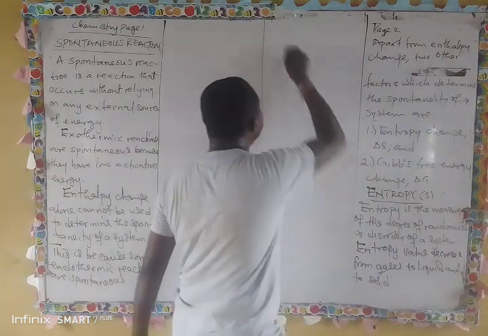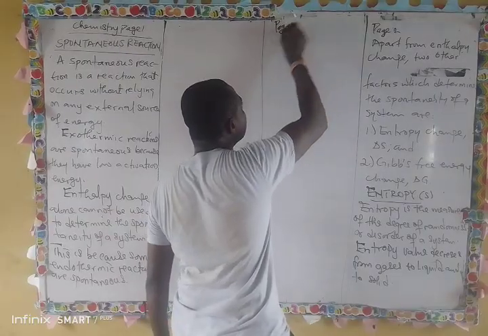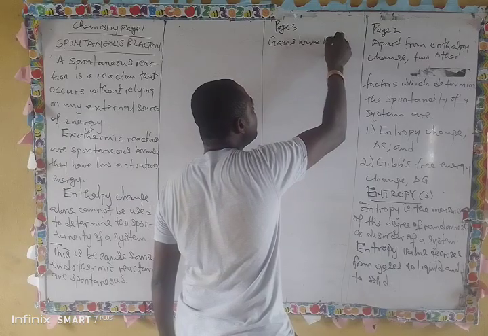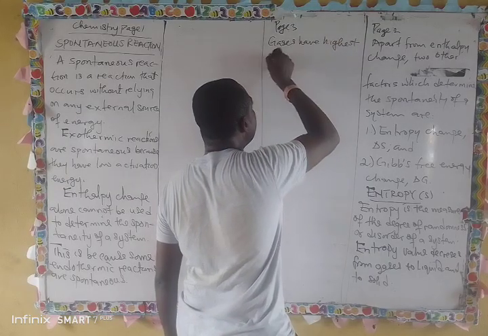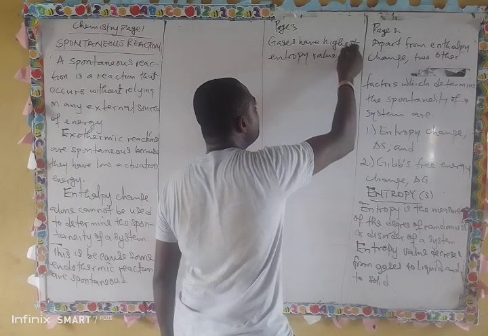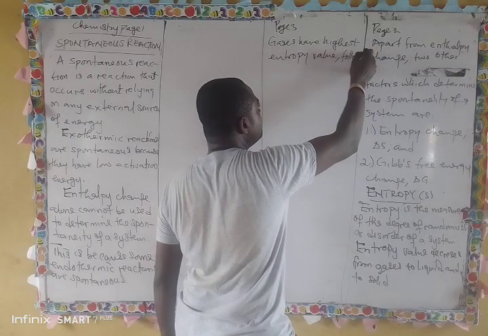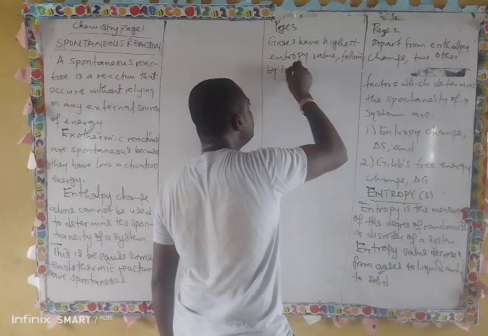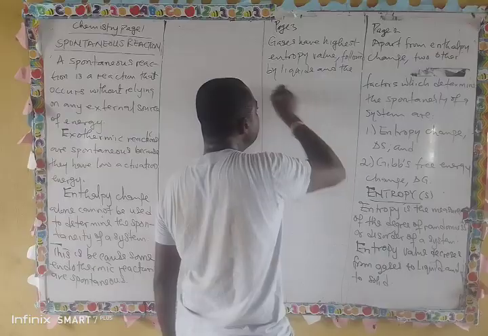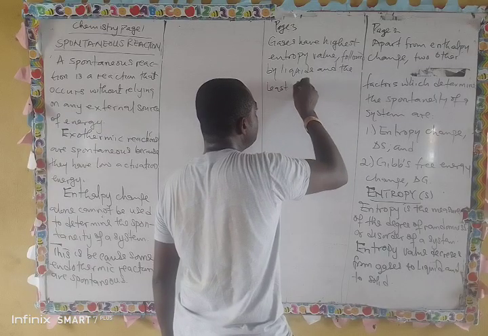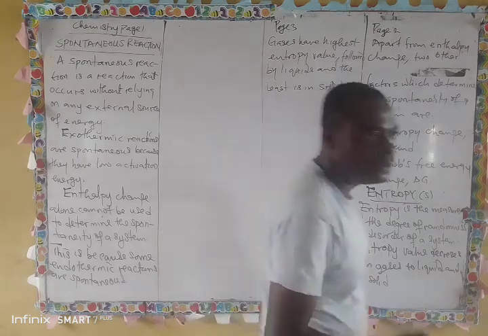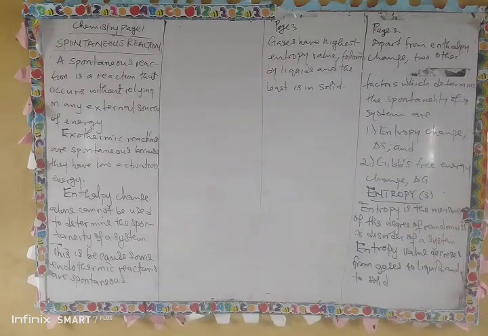What we are trying to say is that gases have the highest entropy value, followed by liquids, and the least is in solids. Am I talking to you? Take note of that.